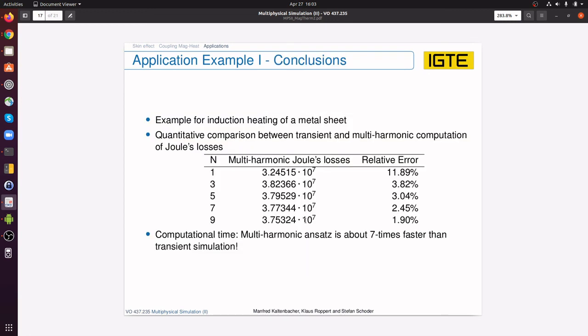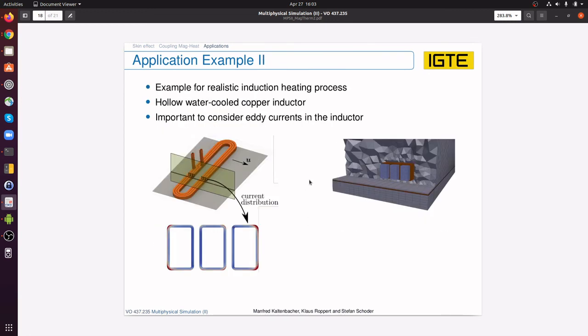In the second application example, which was a real industrial application, we were simulating hollow inductors, because usually they're water cooled, so they're hollow. Also the electrical conductivity of these copper inductors is crucial, since you have eddy currents in your inductor, also due to the back coupling from the sheet into your inductor.